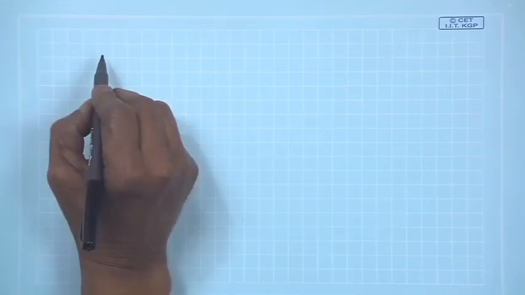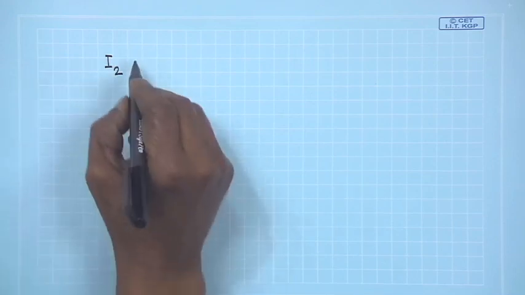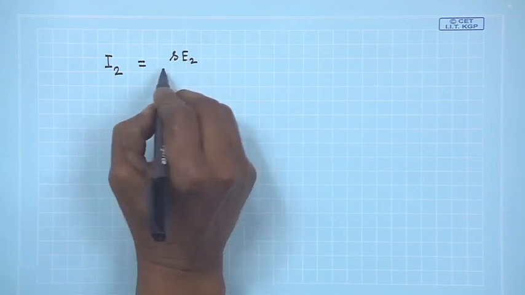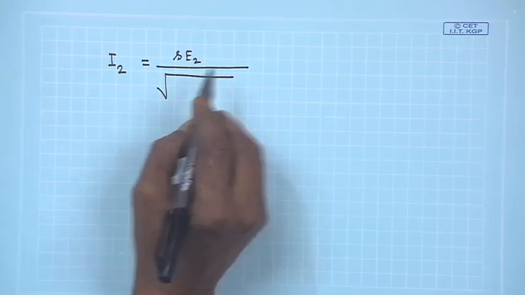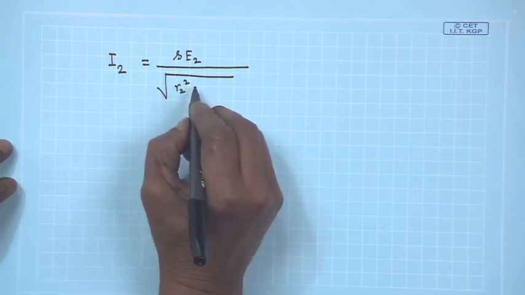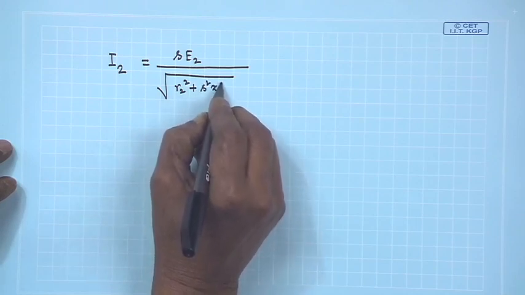Now, this I 2 is equal to S E 2 divided by the square root of the impedance, that is R 2 square plus S square X 2 square.